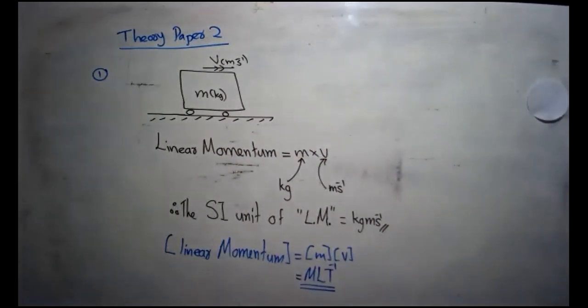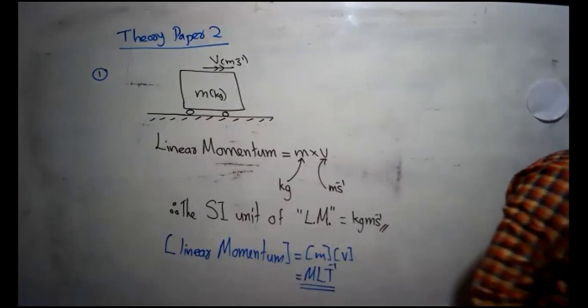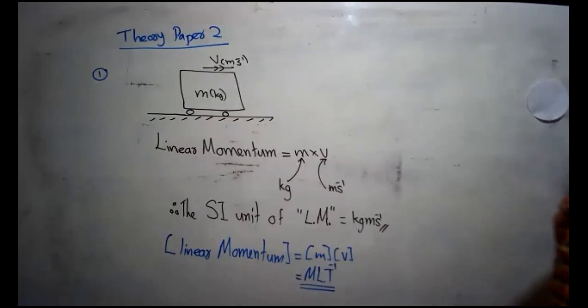Okay, I'll repeat. Some of the students were not able to write it, so let me repeat. Please write the total linear momentum of an object or a system of objects. It means there may be more than one object.